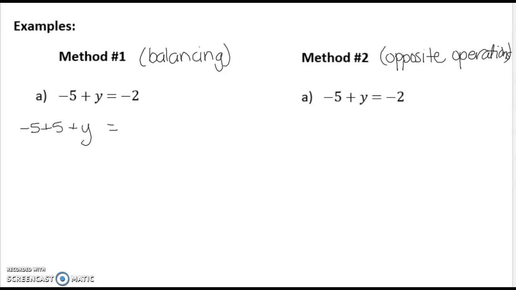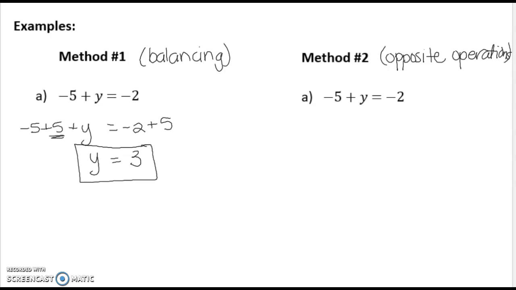Then we have our equal sign, and over here we have negative 2, but because we added 5 on this side, we have to balance it by adding 5 onto this side. Okay, so you keep your equal signs lined up. Negative 5 plus 5 is 0, so we're just left with 1y. And over here, we have negative 2 plus 5, or you could say 5 minus 2, which gives us positive 3. So 3 is your answer.